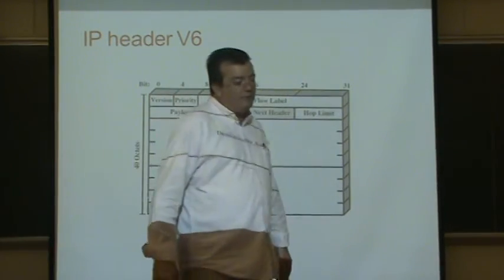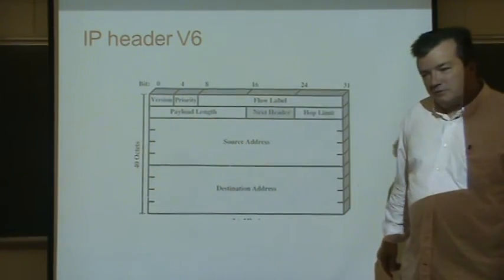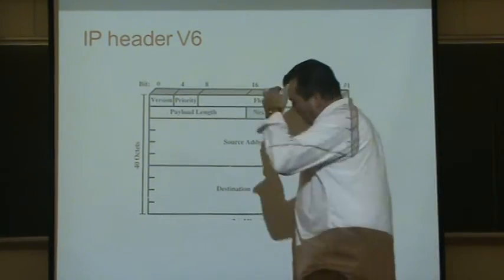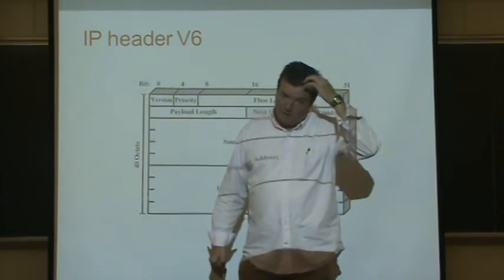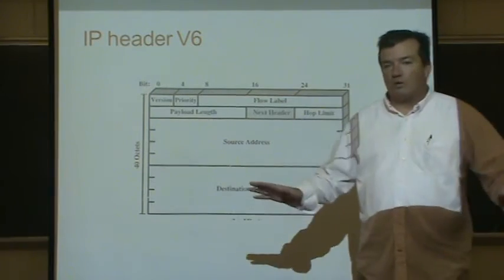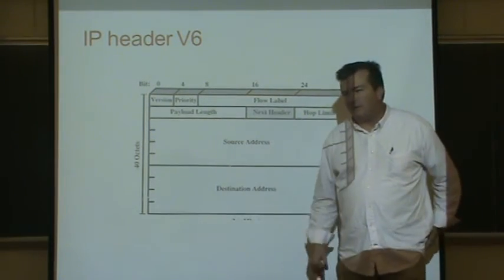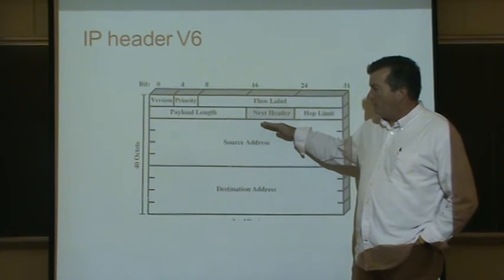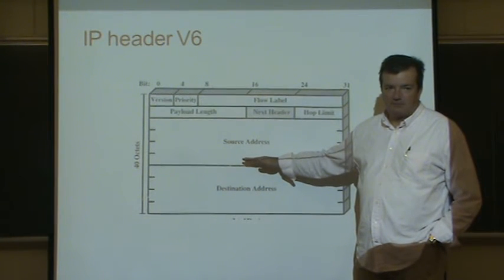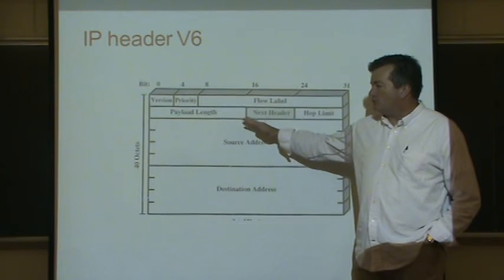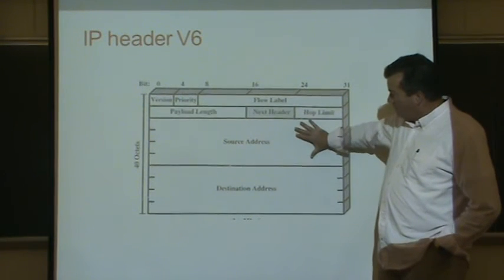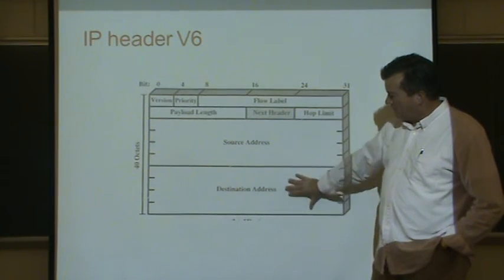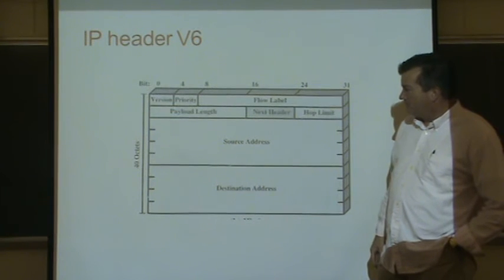Okay. IP version 6 is the new one, which takes into account that the world needs a lot more IP addresses than 4 billion. It goes to a new format where IP addresses are 4 times the size: instead of 32 bits, they're 128 bits. So we have much more space for the source and destination addresses.